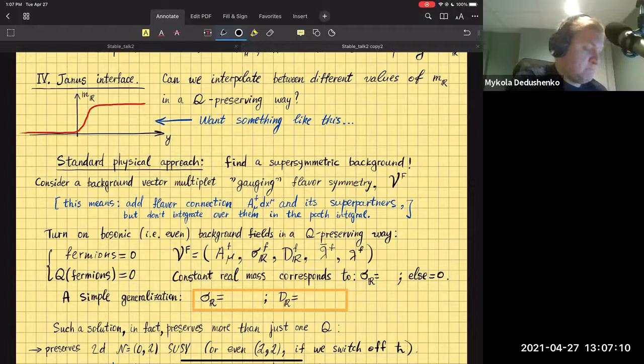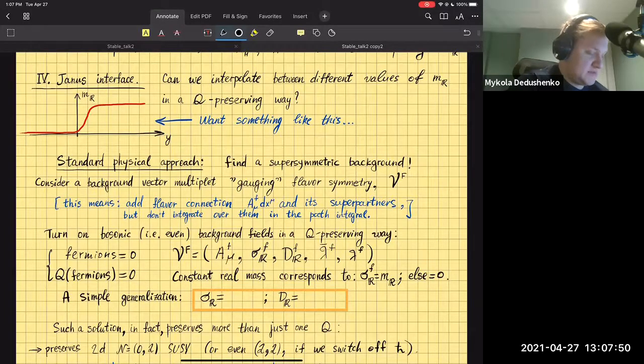So when you turn on a constant real mass, it corresponds to just giving a constant value to this σ_R, and all other fields are zero. It's a standard way to turn on mass for flavor symmetry. Here, this is the real scalar in the flavor symmetry multiplet.